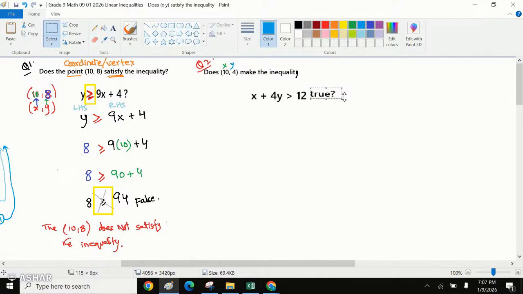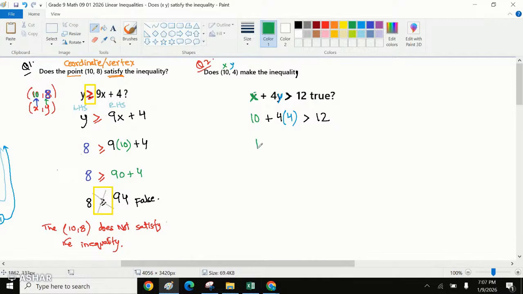If x was 10, can we replace the value of x by 10? This x can be replaced by 10 plus 4 times the value of y. The y was 4. It should be greater than 12. Agreed?